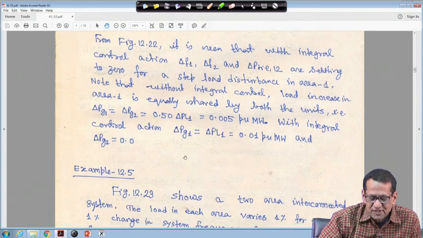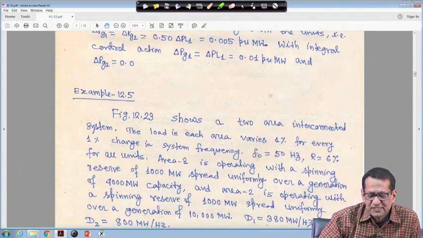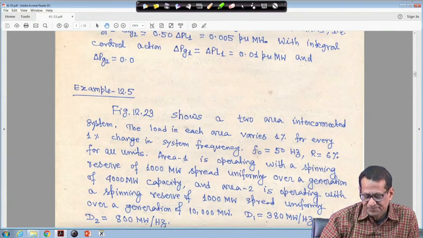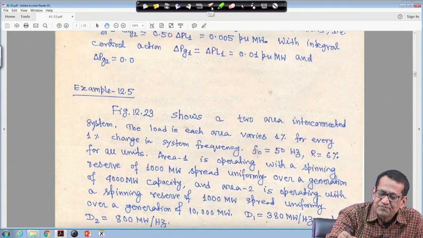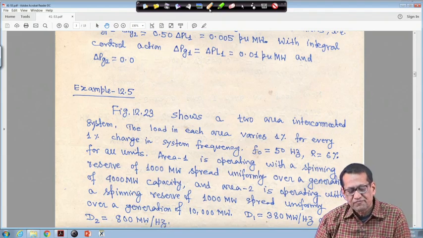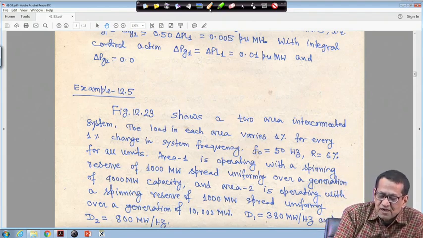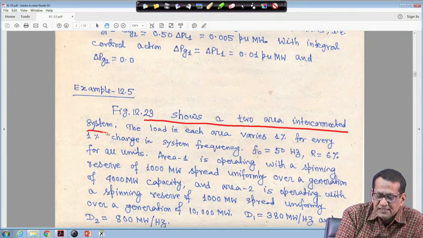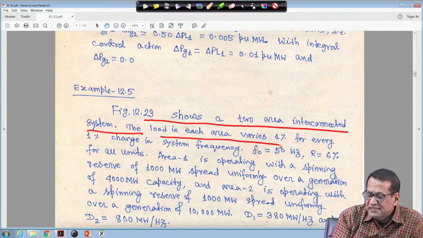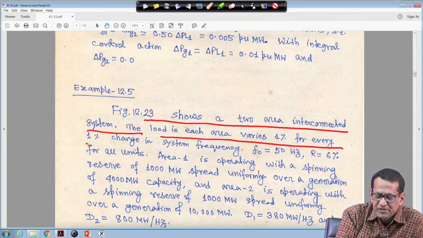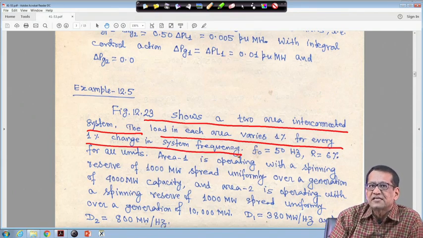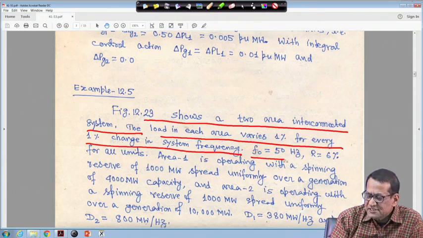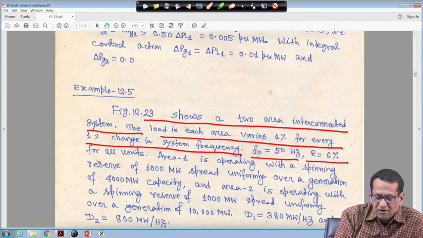So, now we take another typical example. Figure 23 shows a two area interconnected system. The load in each area varies 1% for every 1% change in system frequency, right, and F0 is equal to 50 hertz, R is equal to 6% for all the units.